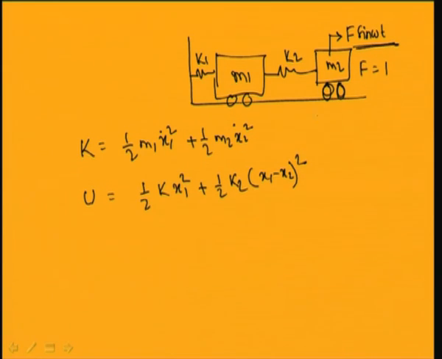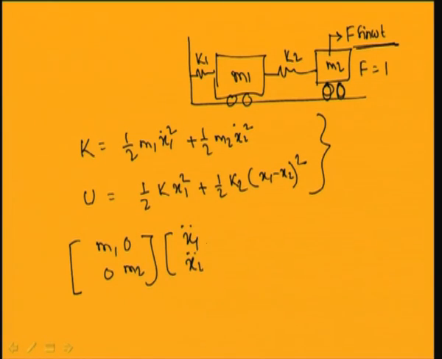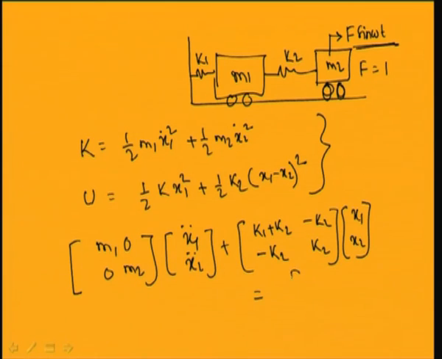So, by using the Lagrange principle, I can find the equation of motion in this form: the matrix m1, 0, 0, m2 into x1 double dot, x2 double dot, plus k1 plus k2, minus k2, minus k2, k2 into x1, x2, equal to the force, which is 0 and F sin omega t.